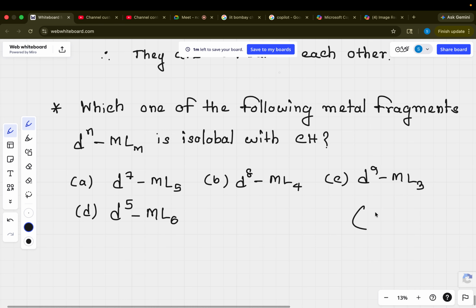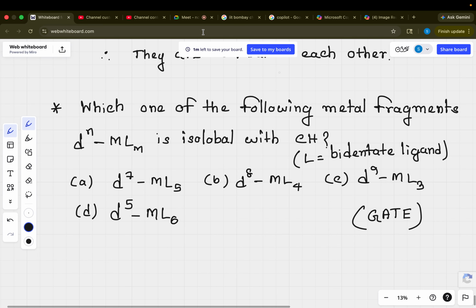This question is from your GATE exam, a previous year question, so try to solve it. And they have mentioned clearly one thing, that L is equal to bidentate ligand. That is the information they have given. Now tell me which one is correct.